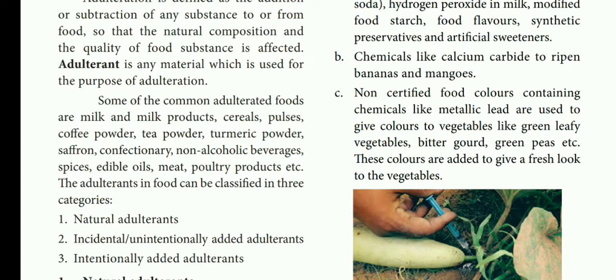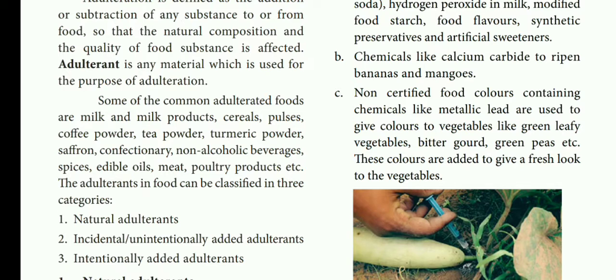Saffron. Then edible oils: one oil is the adulterant of another oil, they can mix two oils together. Then confectionaries. As I said, sauces, jams, jellies are mainly highly adulterated with artificial sweeteners. And non-alcoholic beverages, that is soda, Coke, Pepsi and all.